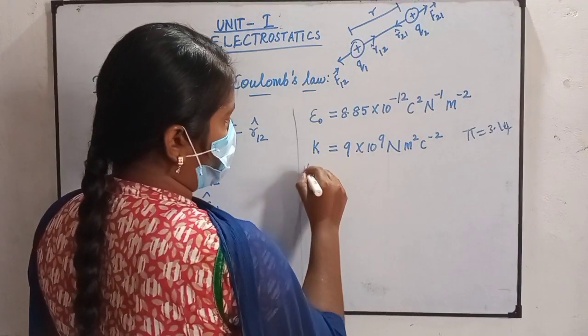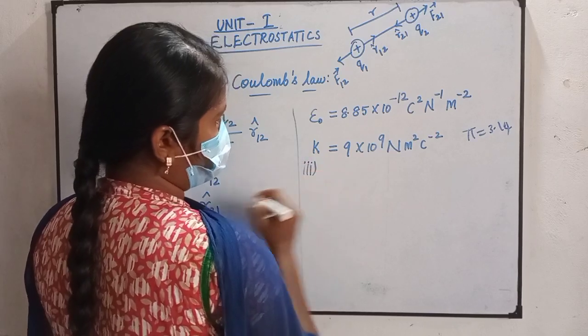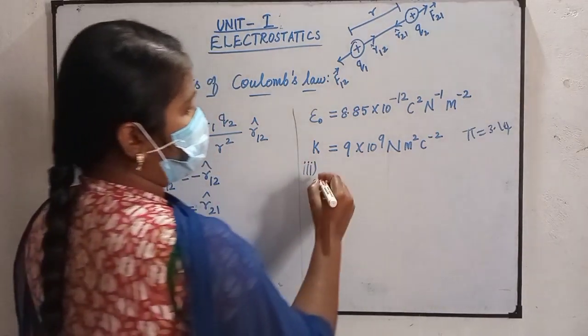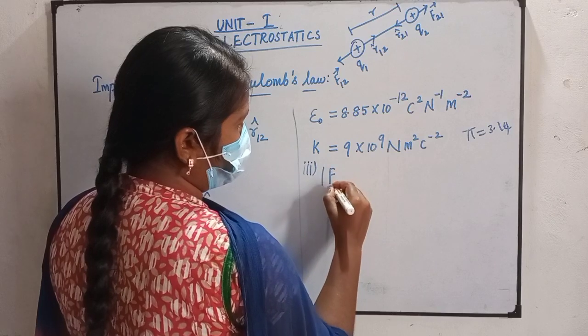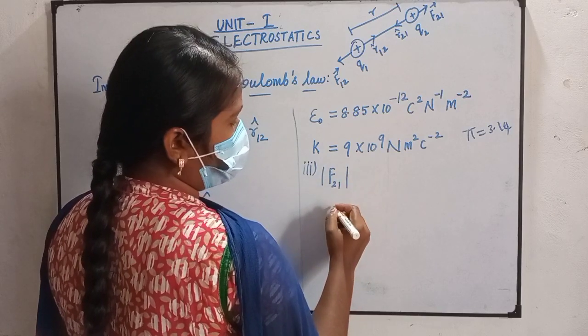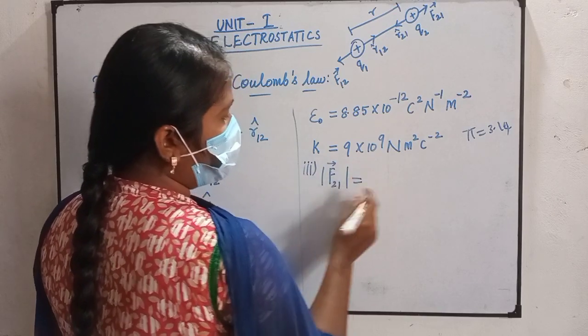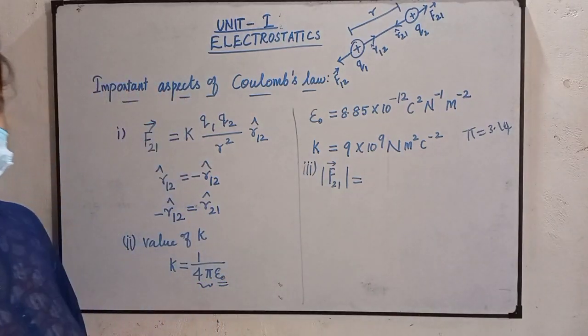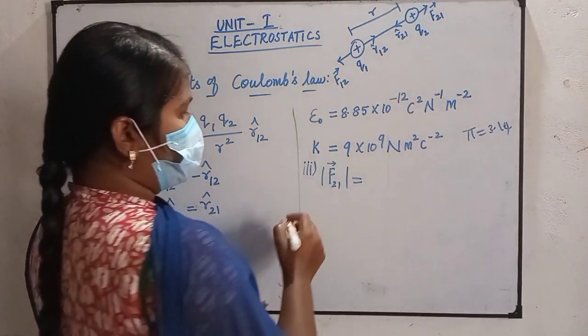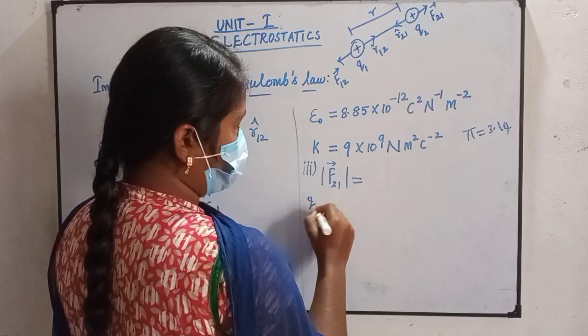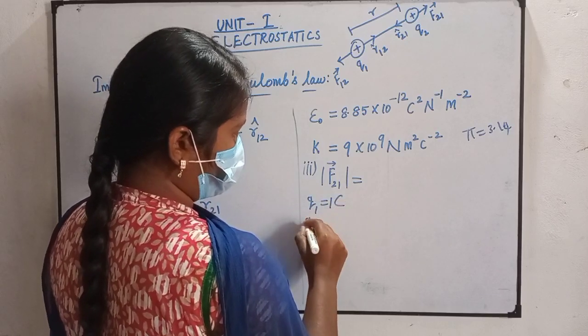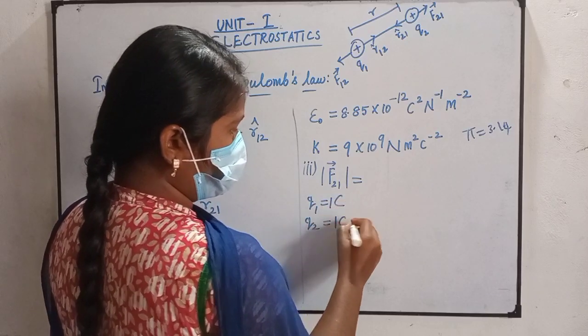The third aspect is the magnitude of force F21. To find it, we consider Q1 as 1 Coulomb and Q2 also as 1 Coulomb.